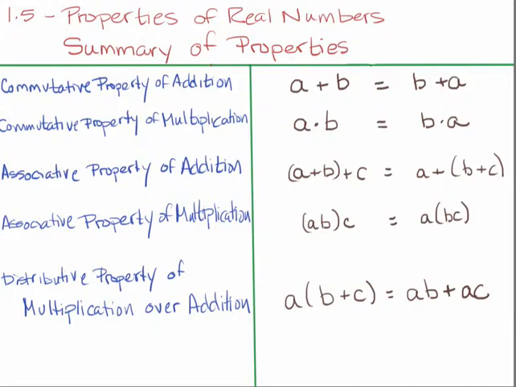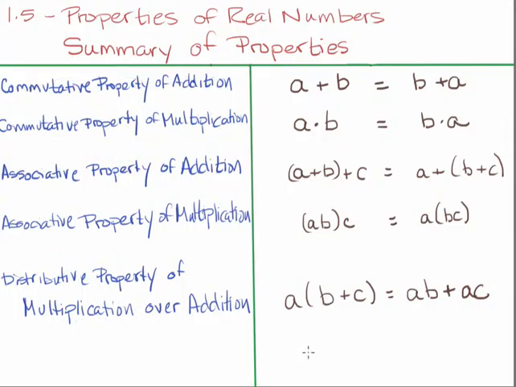Those are our 5 properties, although really there are only 3. One is the commutative property, but it works on both addition and multiplication. One is the associative property, but it also works on addition and multiplication. And the third one is the distributive property of multiplication over addition. Most people just call this distribution or the distributive property.